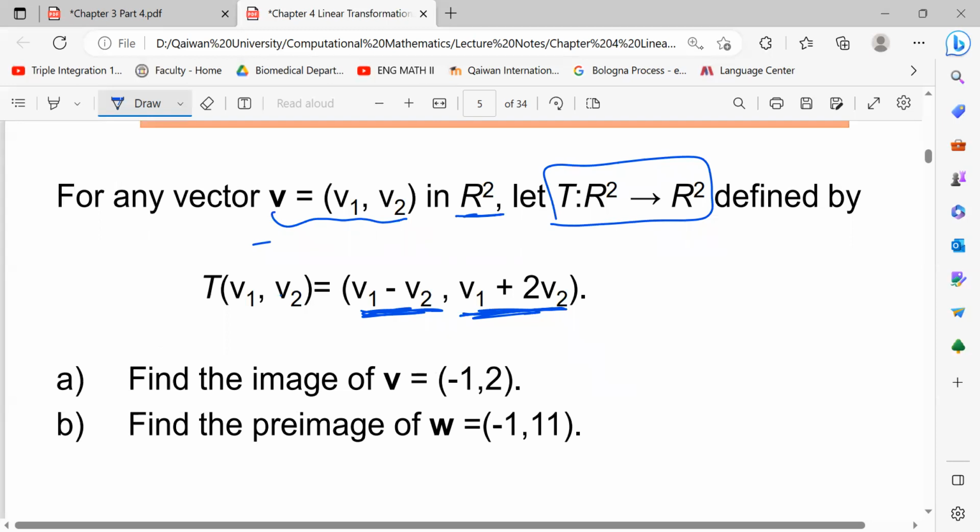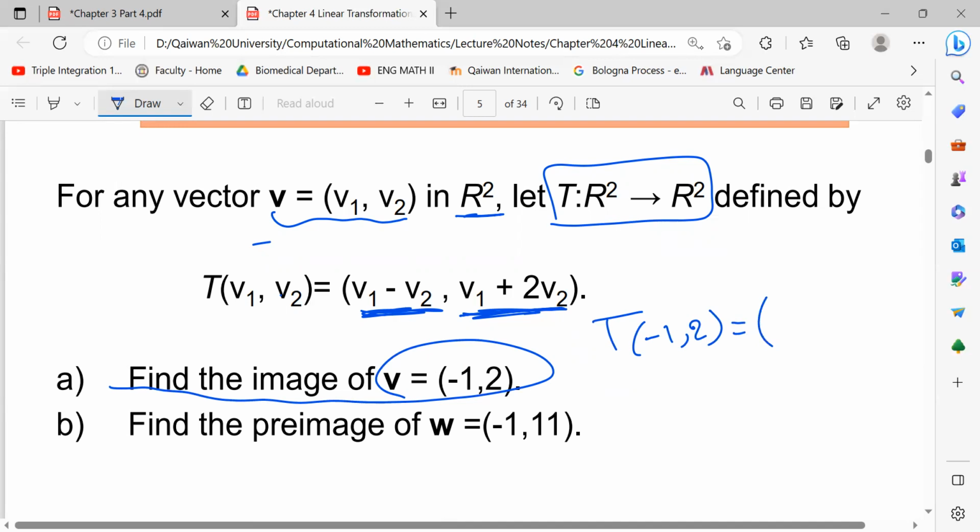Okay, look, it says find the image of this. So T of (negative 1, 2) is (v1 minus v2, v1 plus 2 times v2). The first one is negative 1 minus 2, and the second is negative 1 plus 2 times the second.